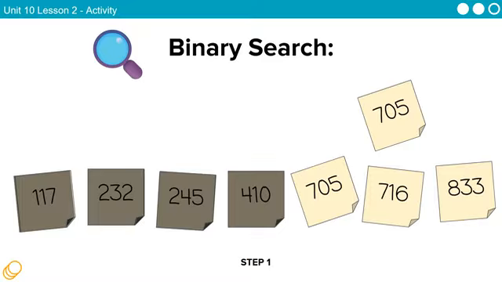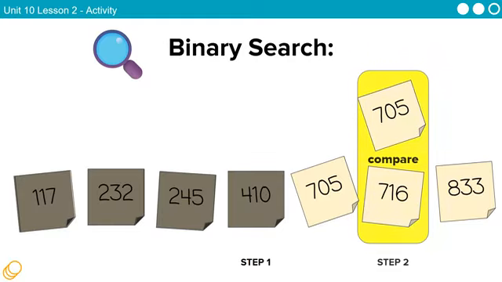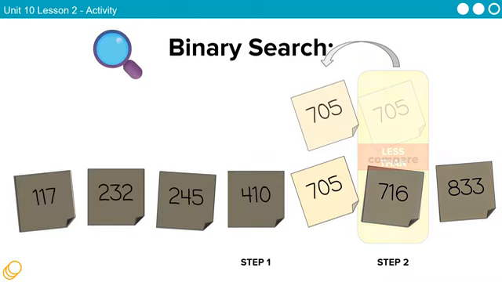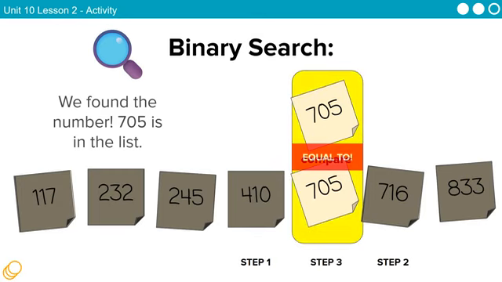Again, it's not equal to, it's less than. So I know it's not 716, and I can eliminate any number to the right because my list is sorted. So 716 and 833 go away, which leaves me one number to check, which is 705. And in this case, I know 705 is equal to 705, so I found it.